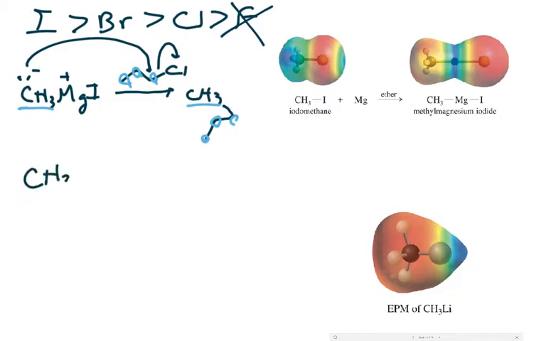So let's take our methyl magnesium iodide as an example again, and we're going to put it with water. What we're going to end up getting is one of the hydrogens from water. I'm going to color code this really quick.